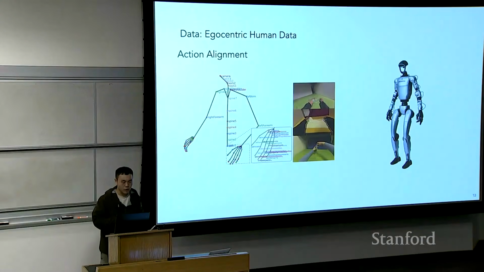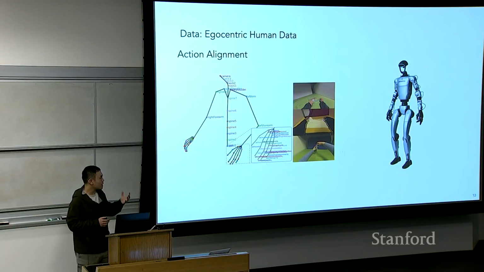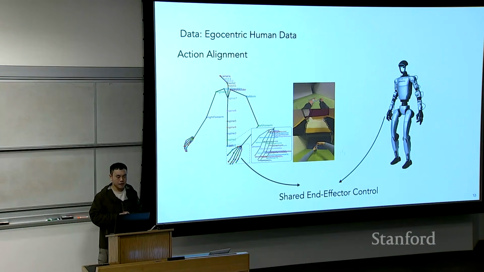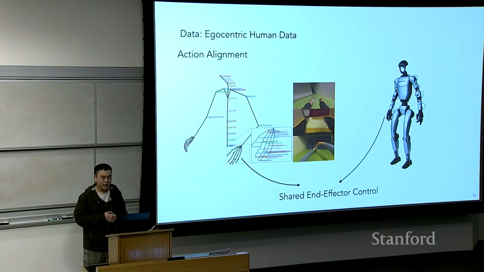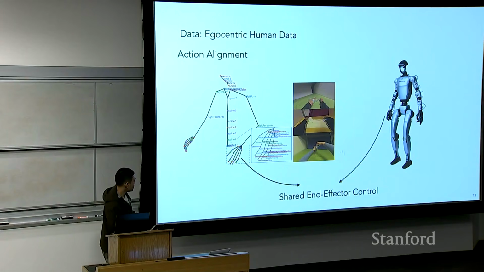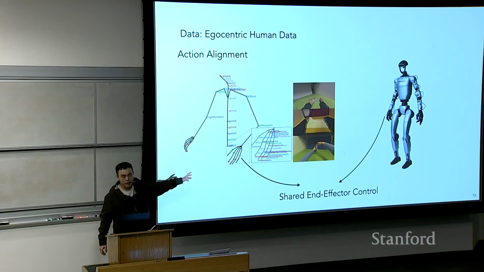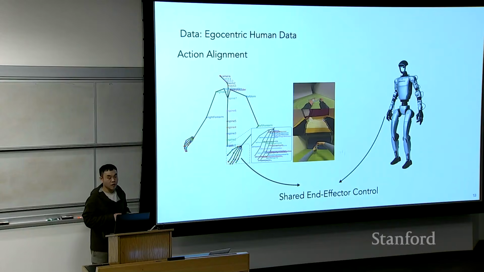Similarly, if you use human hand tracking as a representation for this human data, we also have a natural action space alignment, since we use a shared end-effector control. This is because the human hand has a similar morphology to the humanoid hand, and we use similar keypoint or joint representations for both the human hand and the humanoid dexterous hands.